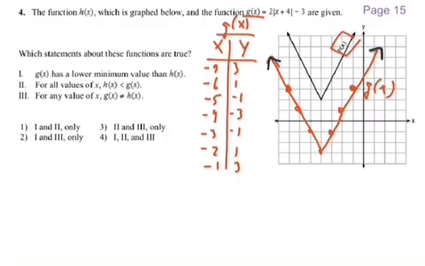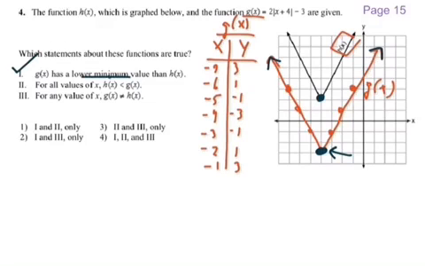So for choice 1, it says that g of x has a lower minimum than h of x. G of x, this would be my minimum, and this would be h of x. So yes, that would be true because my vertex for g of x is lower than h of x. For choice 2, it says, for all values of x, h of x is less than g of x.